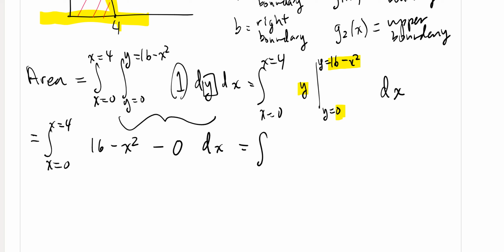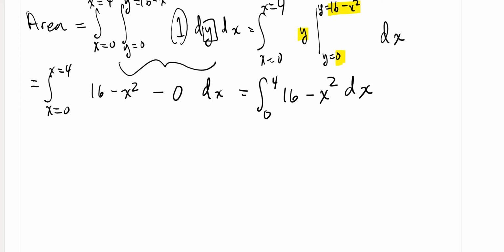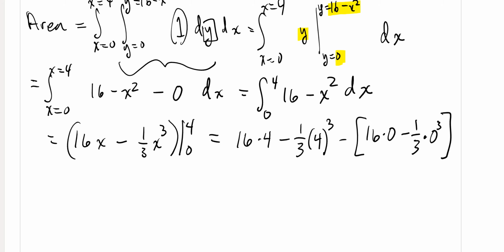And so we get the integral from 0 to 4 of 16 minus x squared dx. And that will be 16x minus 1/3 x cubed evaluated from 0 to 4. And that turns out to be 128 thirds.